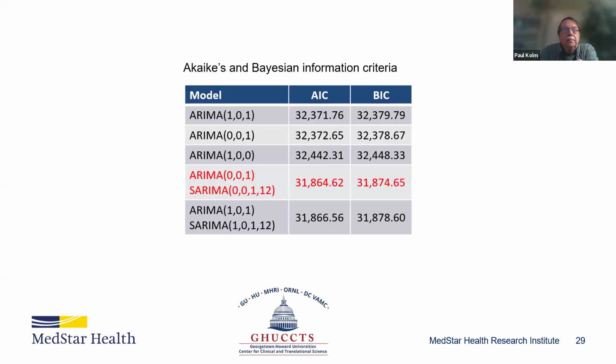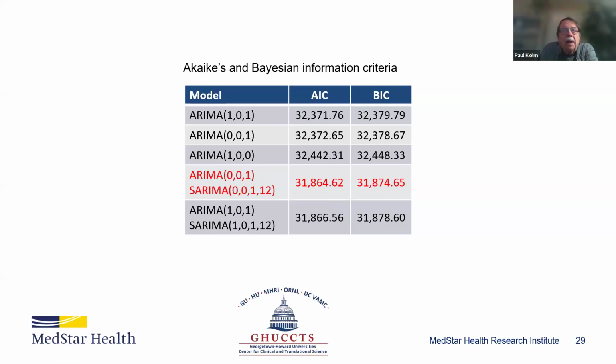In the case of the information criteria, whether it's Akaike's or Bayesian, we want the smallest value possible. And so we see that the smallest value is for the moving average and having the seasonal, 12-month seasonal time series in there.